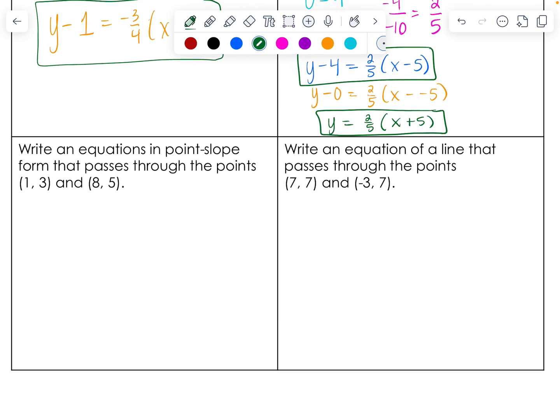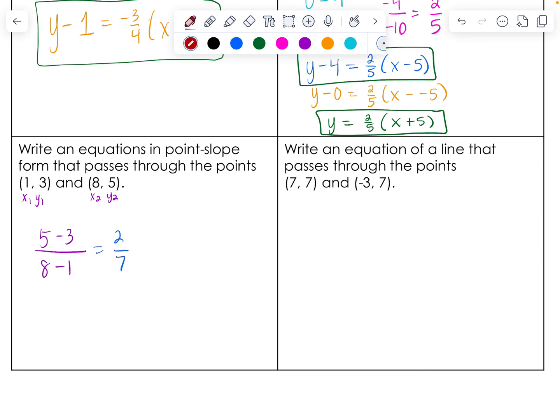Okay, let's take a look at 2 more examples where the first thing we have to do is find the slope, and then we can write our answers. x1, y1, x2, y2. So feel free to pause the video if you'd like to try these on your own and then check back in with the answers. So y2 minus y1 over x2 minus x1. That gives me a 2 over 7.